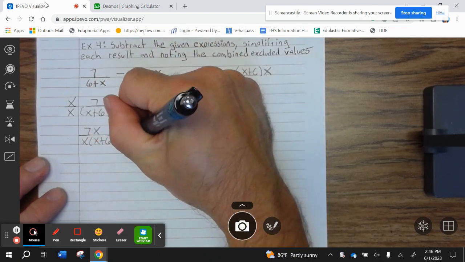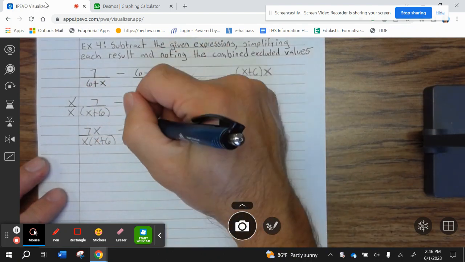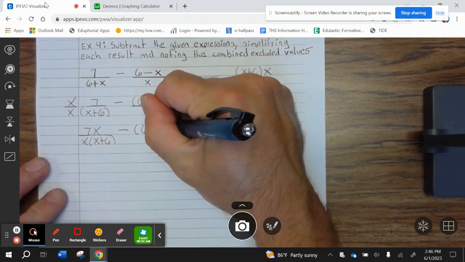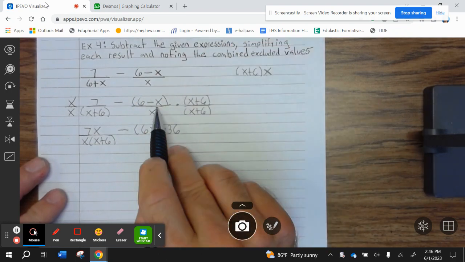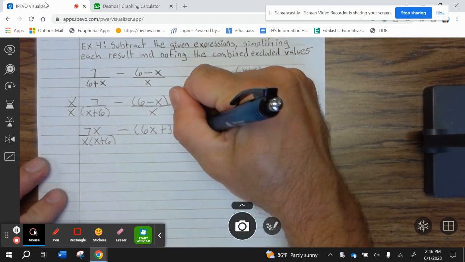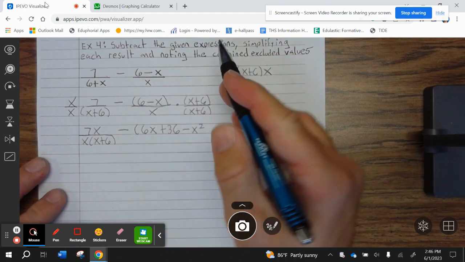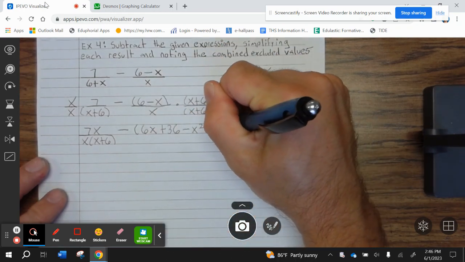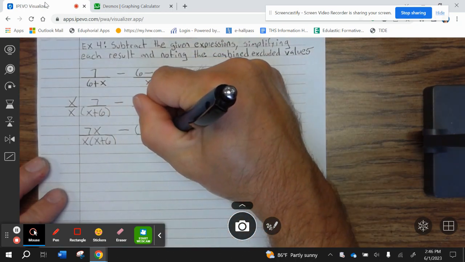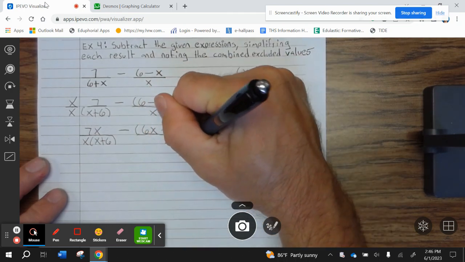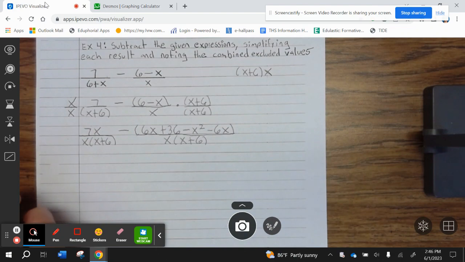minus, we need to go ahead and FOIL this, 6 times x is 6x, 6 times 6 is 36, negative x times x is minus x squared, negative x times 6 is minus 6x, divided by x times x plus 6.